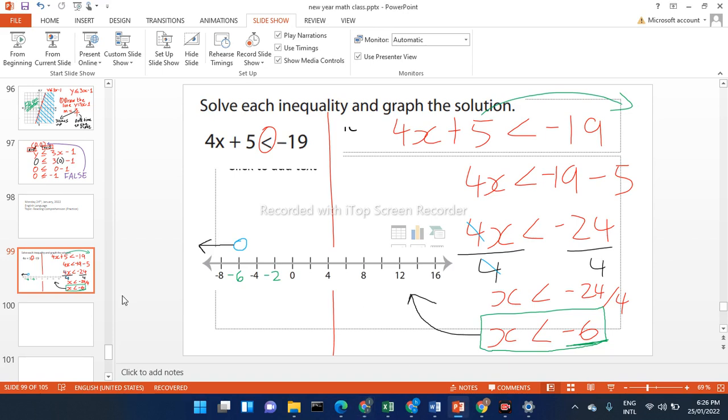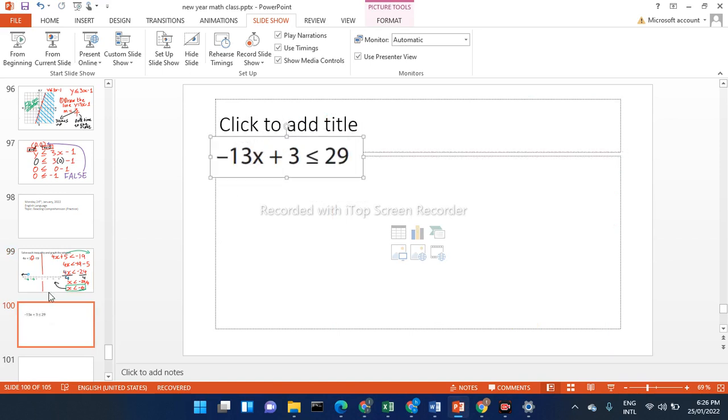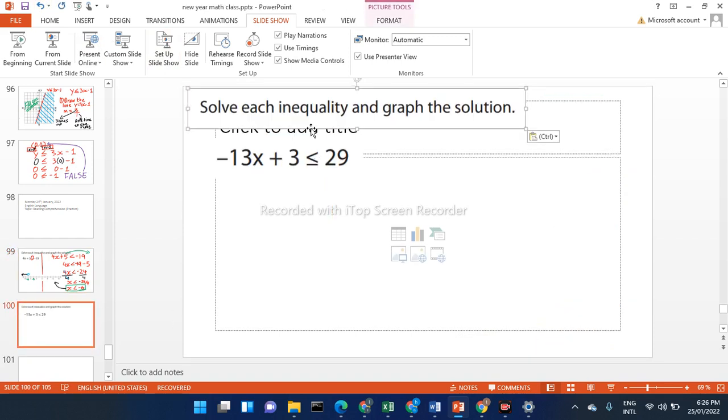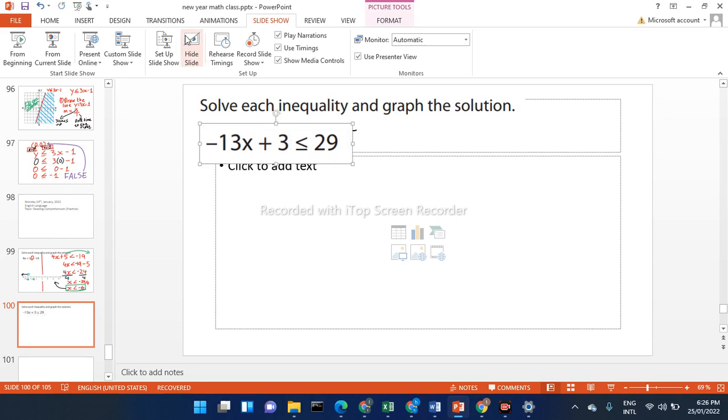Let's go. So you want to graph this inequality. It says here, solve each inequality and graph the solution.